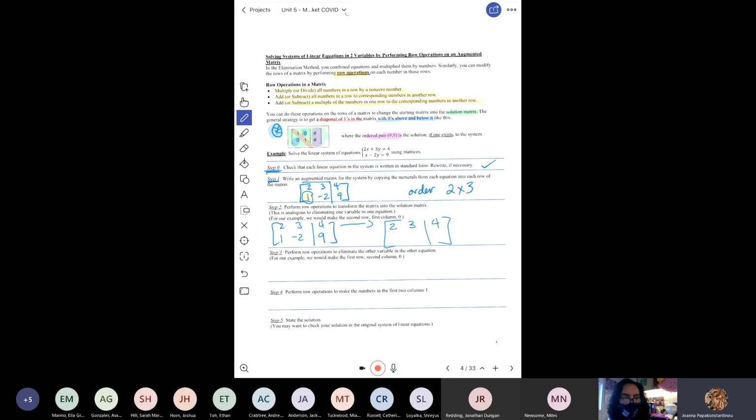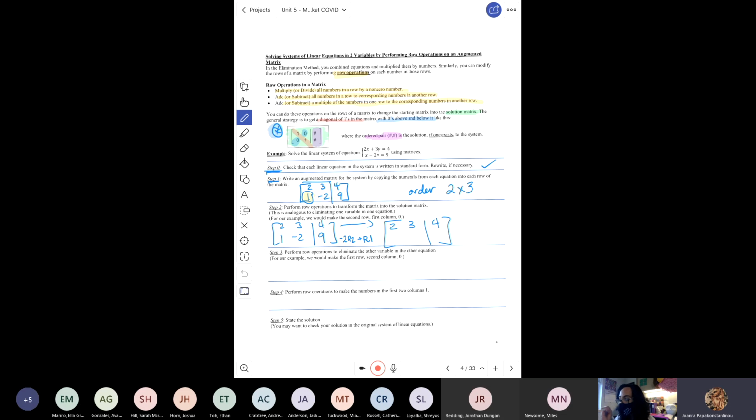Okay, so you're telling me multiply the second row by -2. So that's -2 times row 2. Yes? And then I'm going to add that to row 1. Does everybody see how I wrote the operation there?